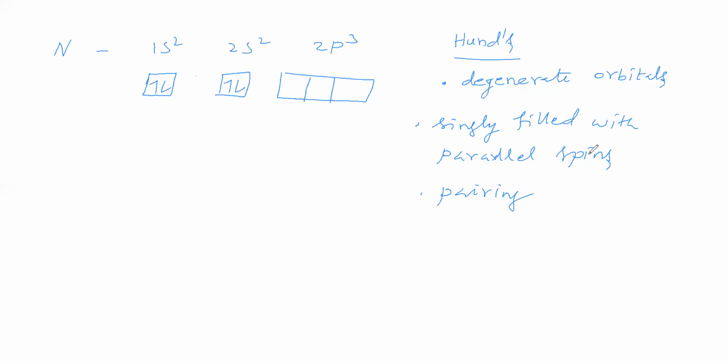Then go for pairing. That's what Hund's rule says: in the degenerate orbitals, fill the electrons singly first with parallel spins, then go for pairing. So now we will take the 2p subshell separately. The 2p subshell is having 3 orbitals: 2px, 2py, and 2pz.